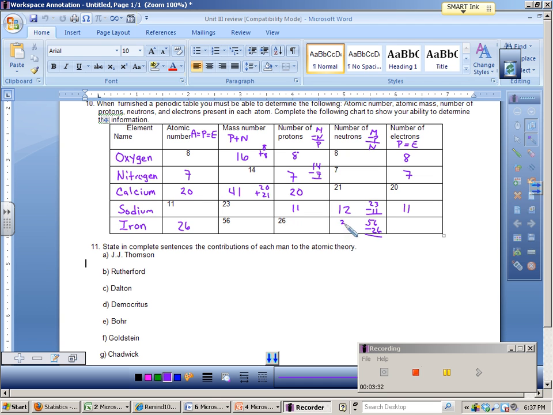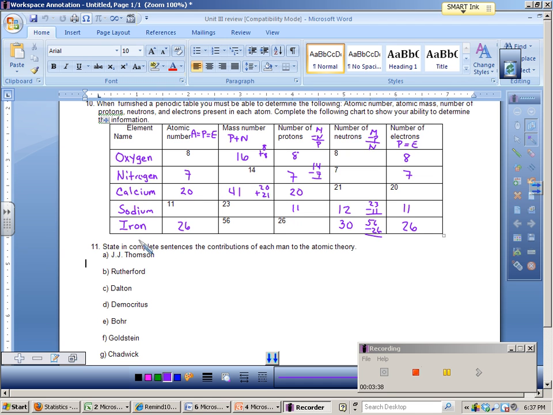We will get 30. Because we have 26 protons, we know we also have 26 electrons. So you should be able to work atomic number, proton, neutron, and electron. We're only going to give you neutral atoms for this test, so you won't have to worry about determining charge. You'll know that our number of protons and number of electrons will always be the same.